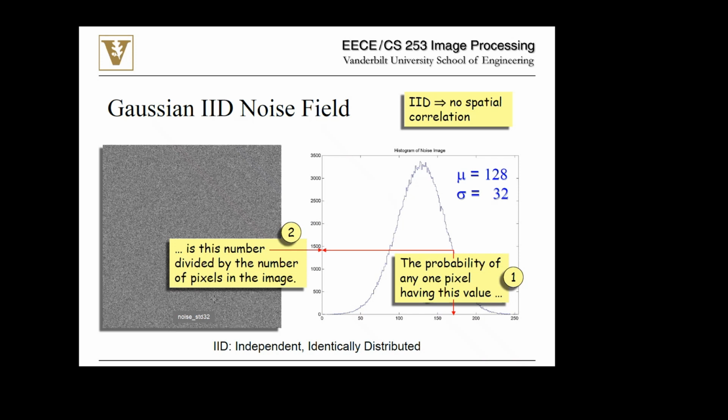For example, the value 175. The histogram at 175 divided by the total number of pixels is an approximation of the probability.